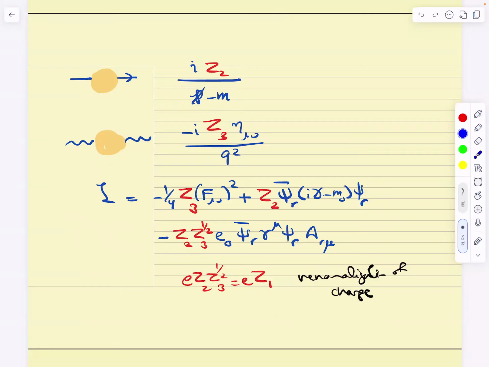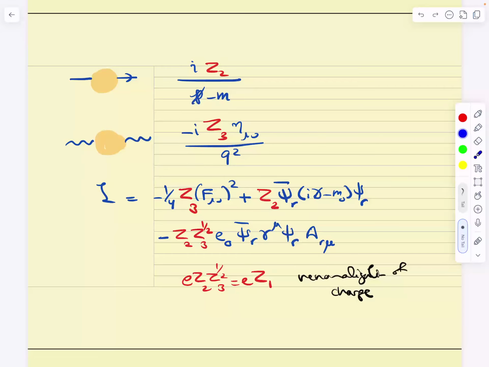So previously we had phi naught was Z to the half phi_R. Now we have two fields, right? We have A mu naught, bare, is Z3 to the power of half A mu renormalized, and psi naught is Z2 half psi renormalized.